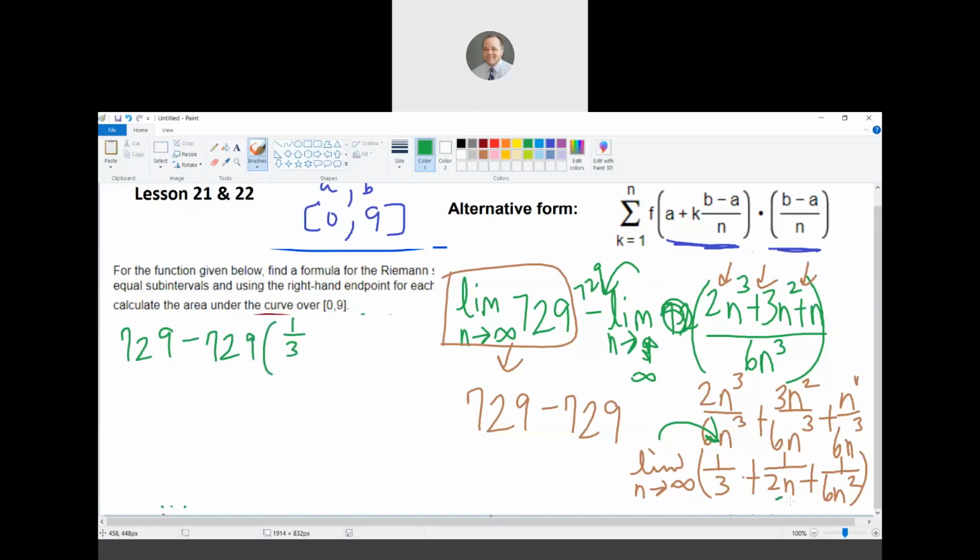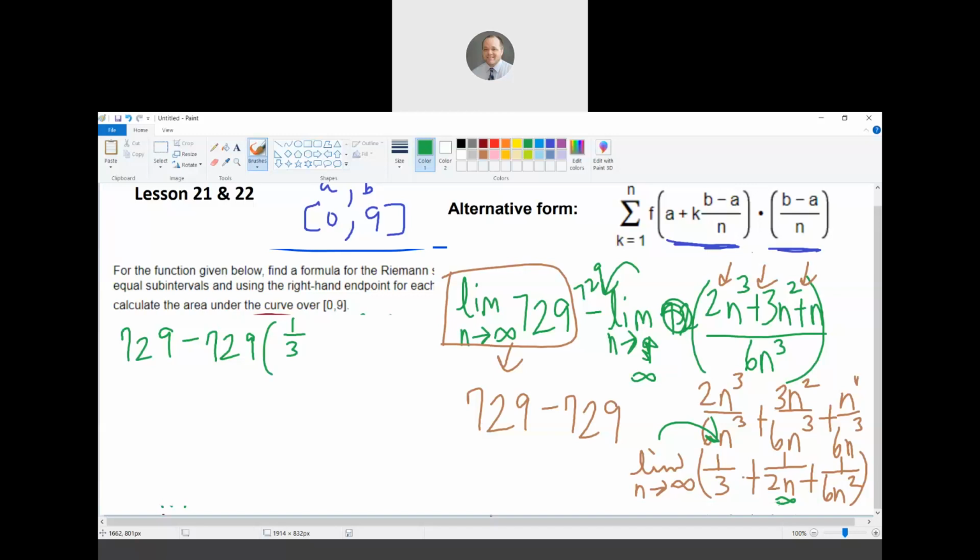Now right here, when you plug infinity in to your second fraction, any non-zero number over infinity, know that infinity is a very, very large number. So if you were to put 1 over, let's say, 1 trillion, it's not going to be exactly 0, but it's going to be pretty darn close to it.